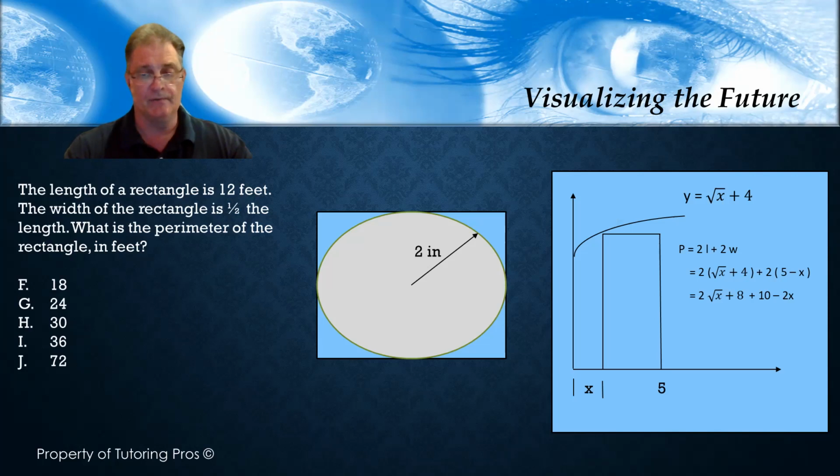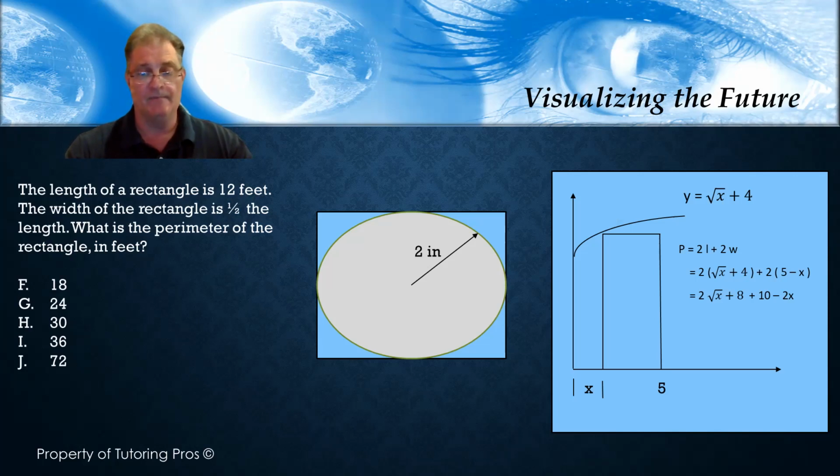That equation represents the y value at that particular point. So that y value, if it was a number, would represent the distance from the line all the way to the x-axis on the left side of the rectangle. Since we don't have numbers to put into the equation, the square root of x plus 4 therefore represents the length of the rectangle.